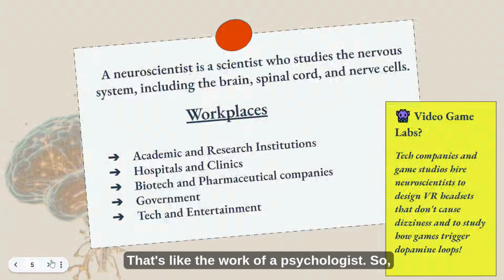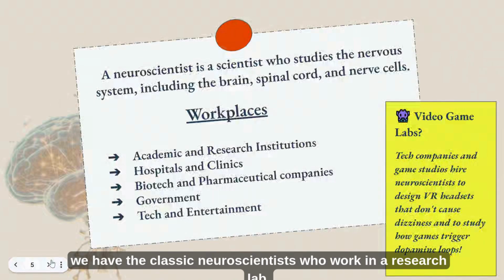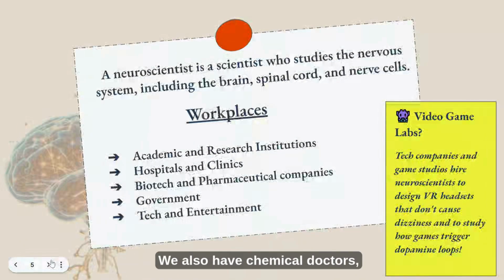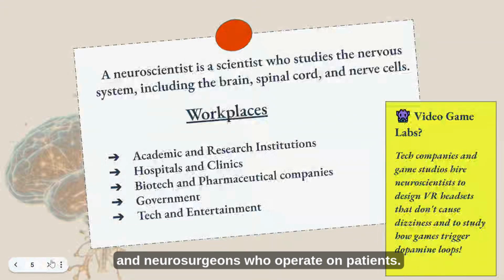That's like the work of a psychologist. So we have the classic neuroscientists who work in a research lab, analyzing brain chemicals and mapping out pathways. We also have clinical doctors like neurologists and neurosurgeons who operate on patients.